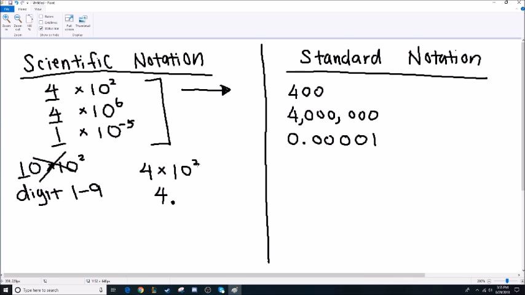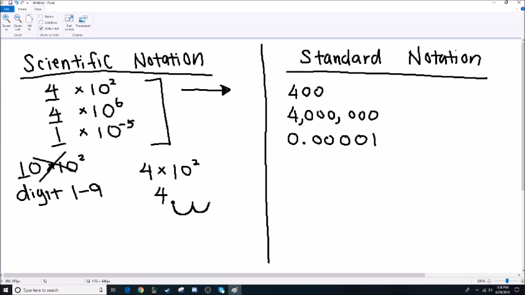Now I just need to figure out whether I'm moving the decimal left or right. Since I'm multiplying by a positive exponent, my number is supposed to get bigger. So does this decimal need to move left or right to get bigger? Right, it needs to go right. So I'm going to move this right 2 spaces.